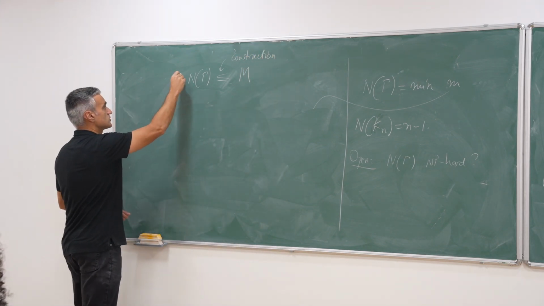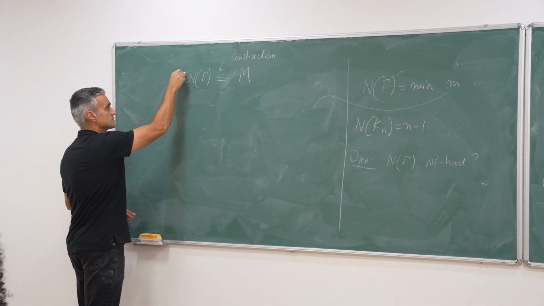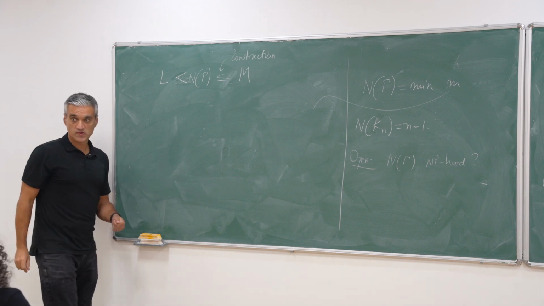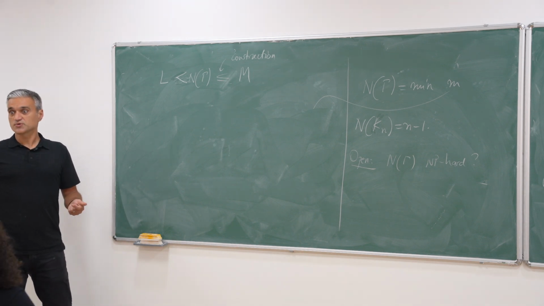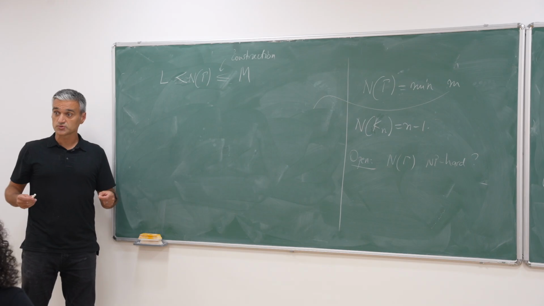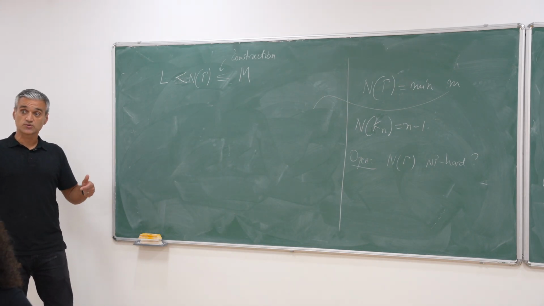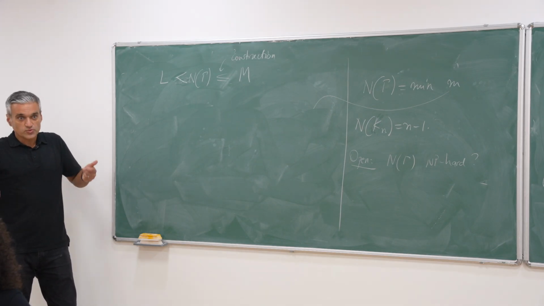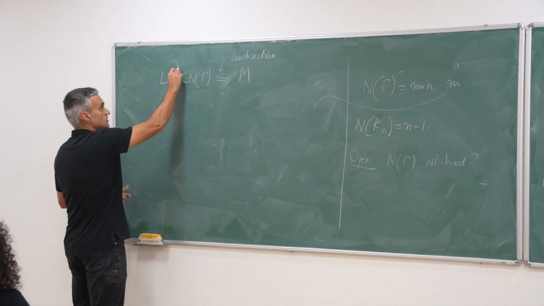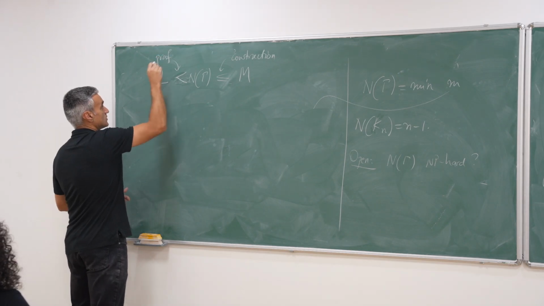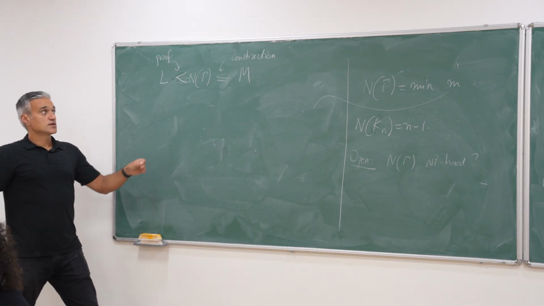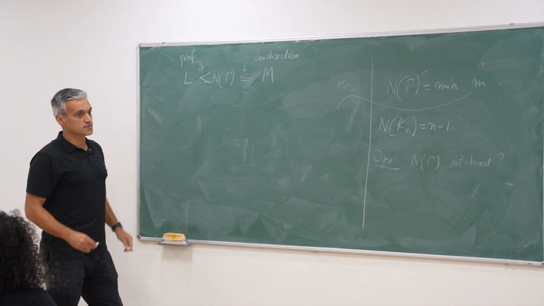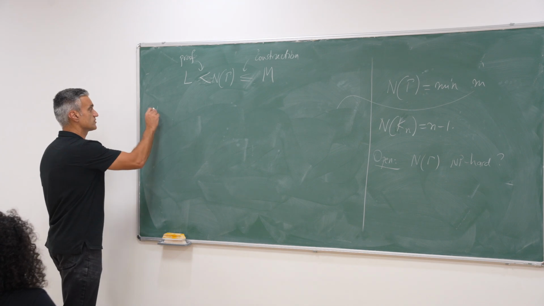On the other hand, if you want to prove that it is strictly greater than some number L, you need a proof, like we did for the Graham-Pollak result, where we wanted to prove that n of Kn is greater or equal to n minus 1. Now, for the construction, it will depend on each problem; there will be a different construction for each problem. But for the lower bound, the main tool is the following theorem.